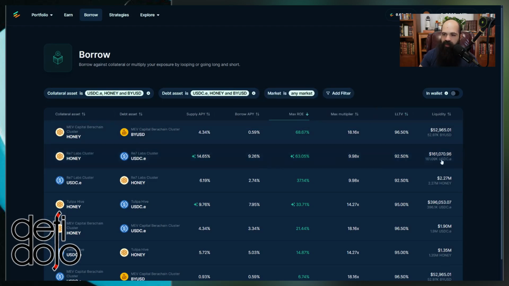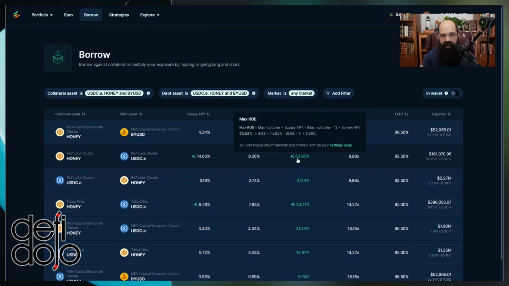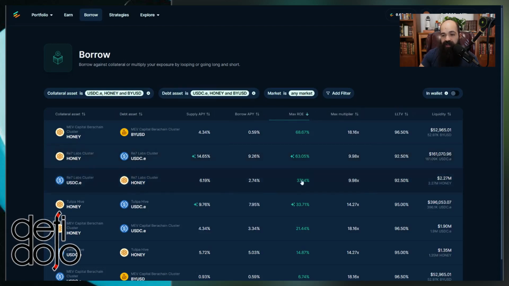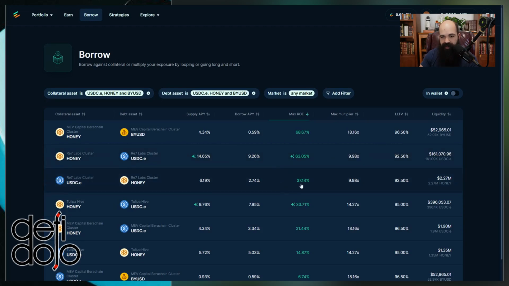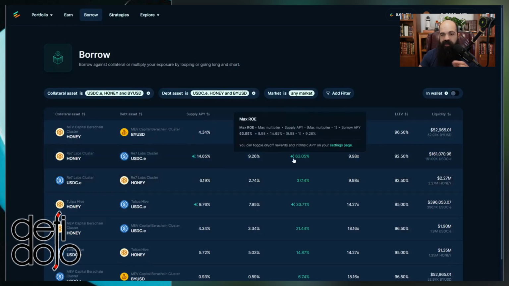For other ones, okay, there's $161,000. Maybe this is a little bit less sketchy. It's high enough, so actually I am in this one. But I'm also in the other, so I am farming both of these. The reason is that if the interest rates work against me on this one, where there's a lot of liquidity, then they'll work for me on this one, where there's also incentives.